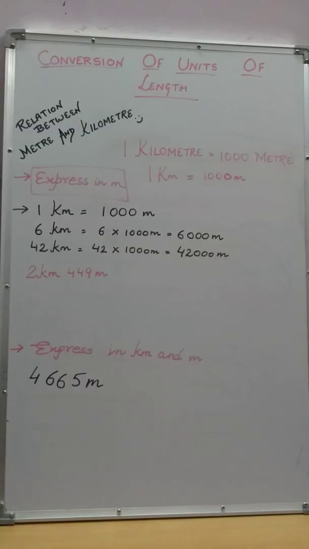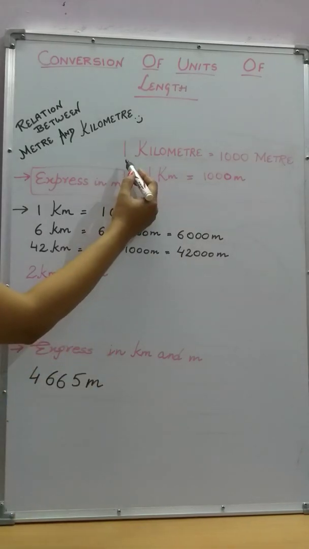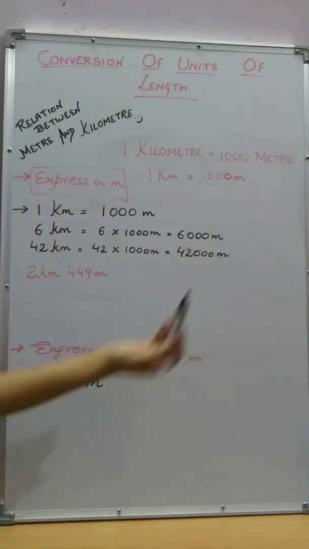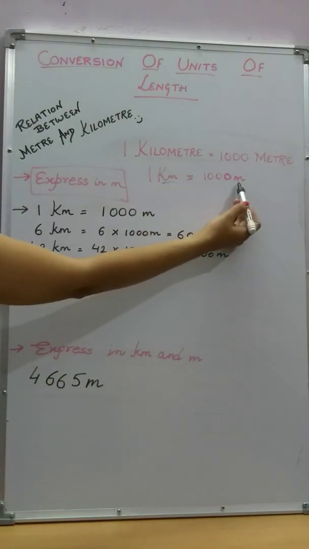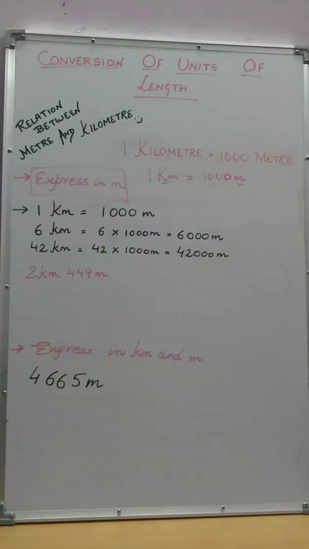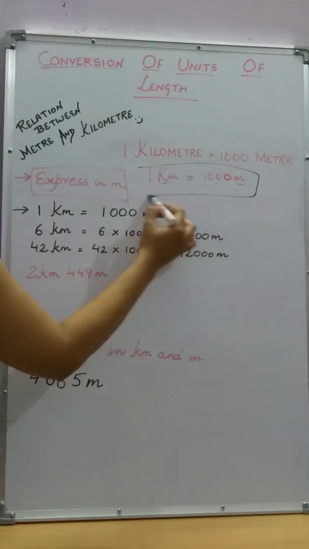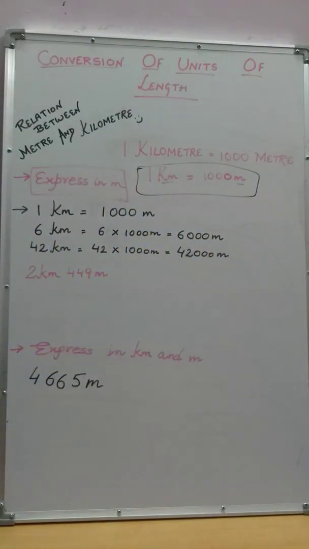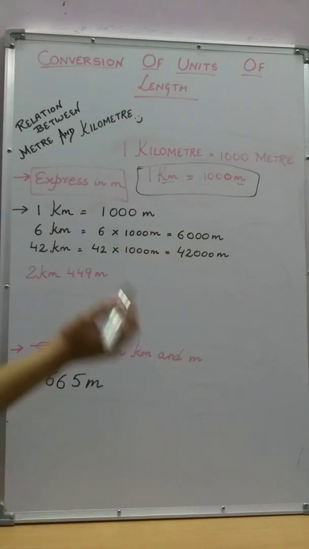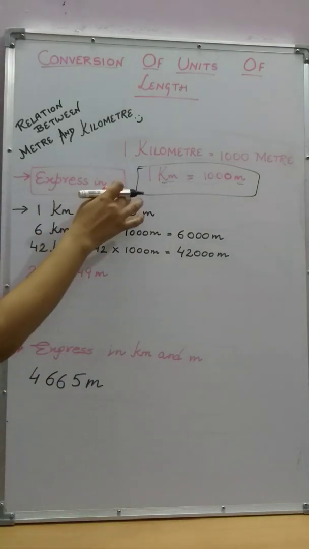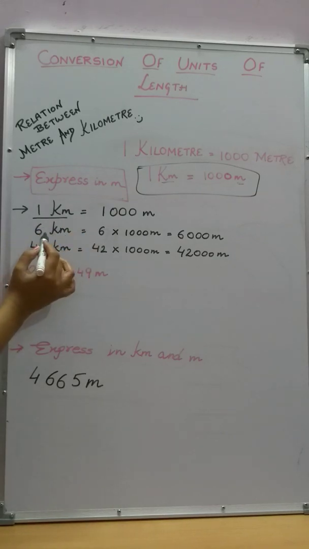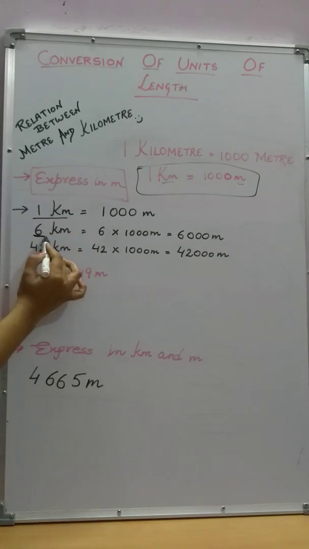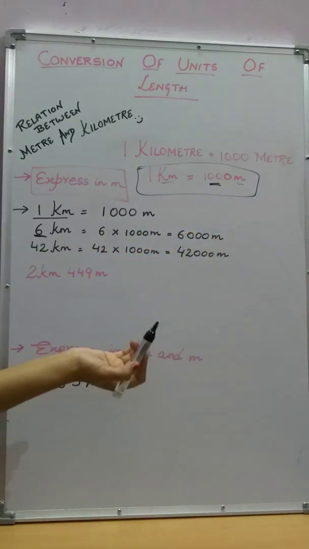Let's see the relation between meter and kilometer. 1 kilometer equals 1000 meter. km stands for kilometer and here m means meter. So 1 kilometer equals 1000 meter. So how to convert kilometer into meter? While converting, we have to multiply that number by 1000.